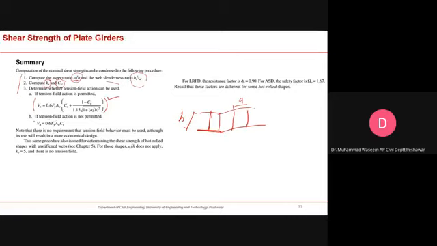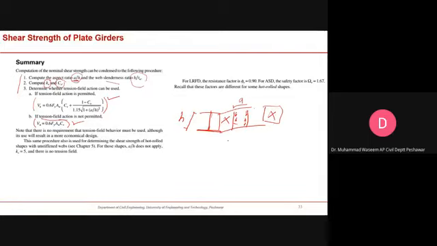If there is no post-buckling contribution, then you have to use this equation. Post-buckling is permitted, and it is indicated by tension field action, which is generated in the intermediate panels. It is not generated in the end panels.